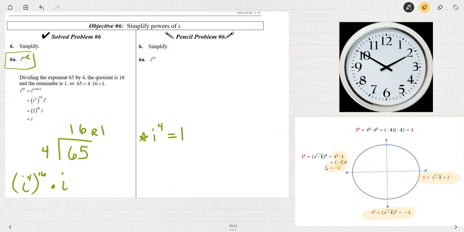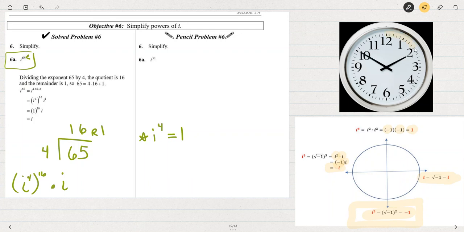Now, what happens with i to the fourth is I'm going to go back to this i squared. i squared was negative 1, so I'm going to get a negative 1 times a negative 1, which is equivalent to 1. Now, if you didn't understand that, think of this as a circle, and sometimes we refer to this type of problem as clock arithmetic.